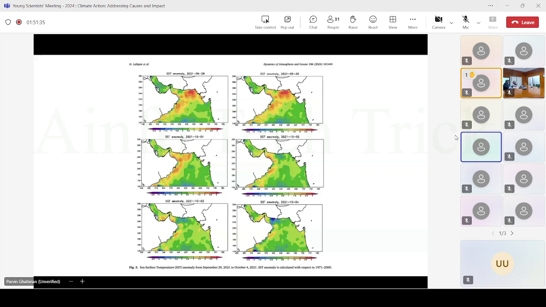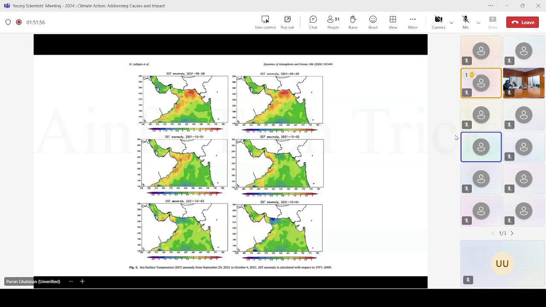The SST in front of the cyclone was about 3 degrees Celsius higher than the long-term average, which helped strengthen the cyclone. After the cyclone passed, the SST decreased by around 2 degrees Celsius.